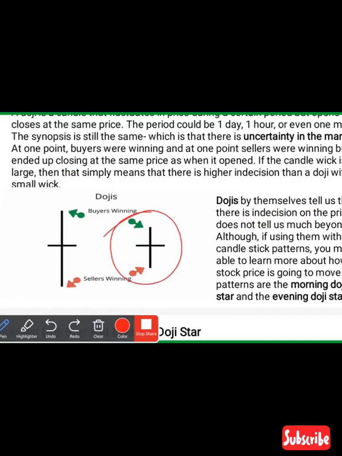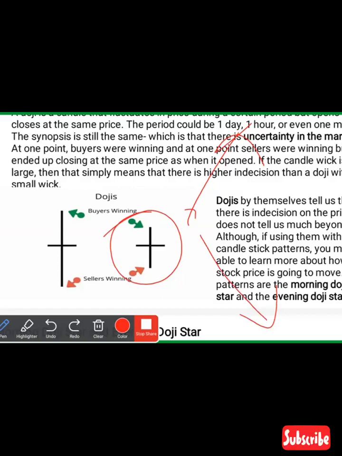You have to wait for the close of that candle. So if I'm on 1 hour and I spot a doji, I'll wait for the next 1 hour for that candle to close. So I will know if it is the buyers that won the battle or the sellers that won, and that will influence my next decision, because the next candle that opens will tell me which direction I am going to follow.